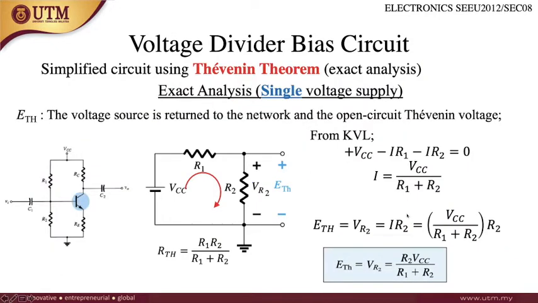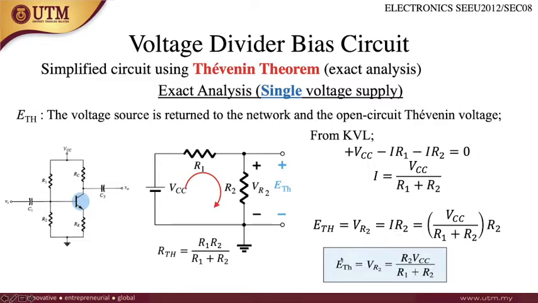This is the part for the single voltage supply. So you will get the value of the Thevenin voltage as R2 times VCC over R1 plus R2, as I showed just now, how to find the value of this voltage.